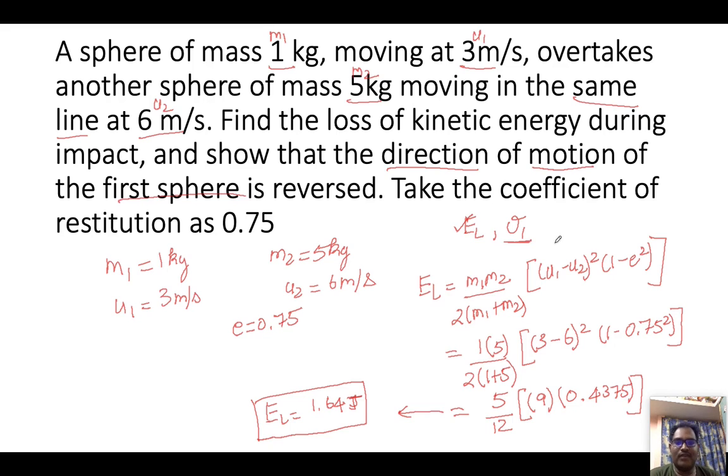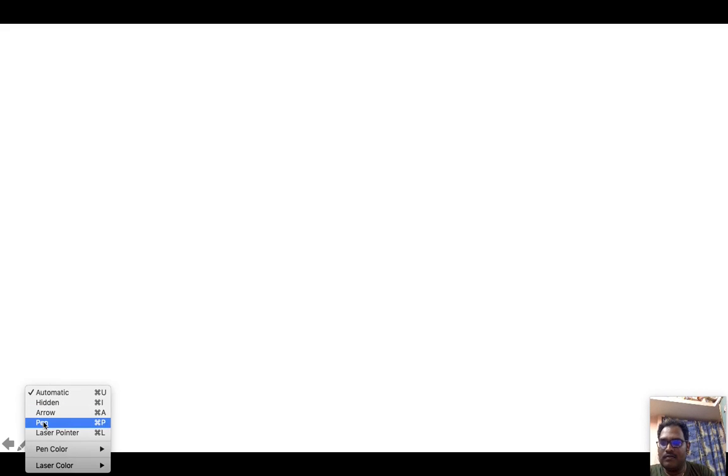Now the other parameter remaining is v1. To find v1, we are going to use conservation of momentum. Your momentum equation: m1 u1 plus m2 u2 is equal to m1 v1 plus m2 v2.